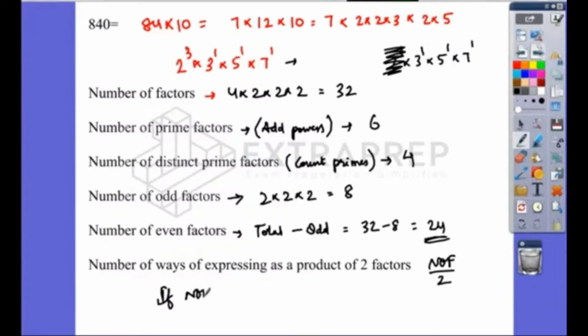If the number of factors is odd, for example 9, then 9 divided by 2 is 4.5, right? And then you will have to round it up to the next number and answer as 5.